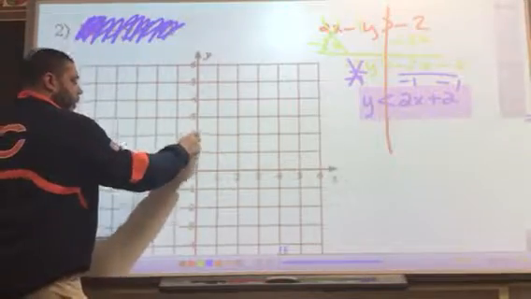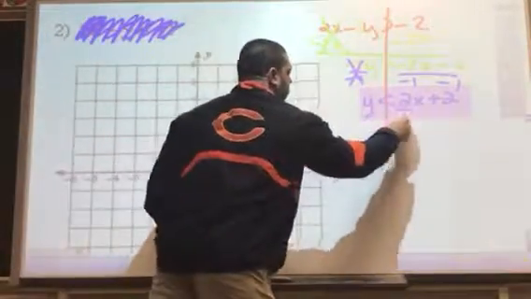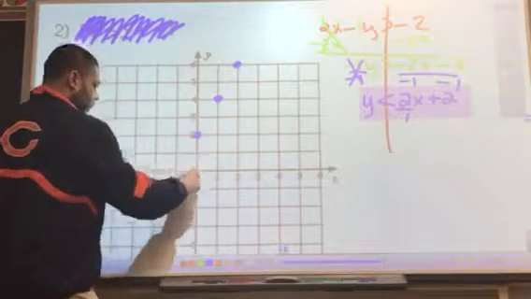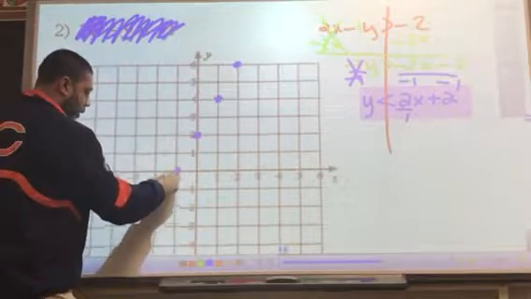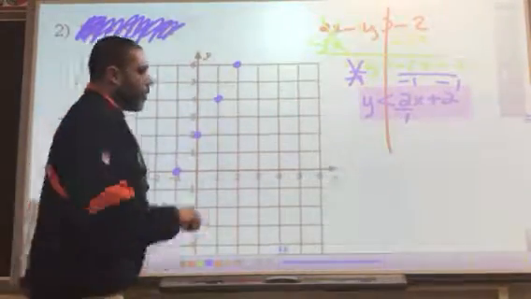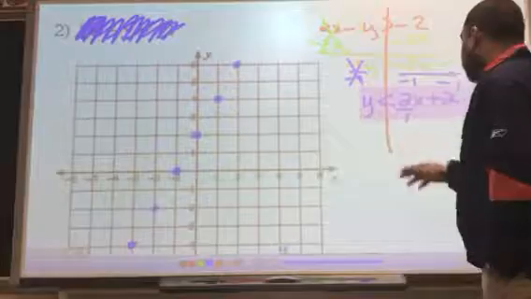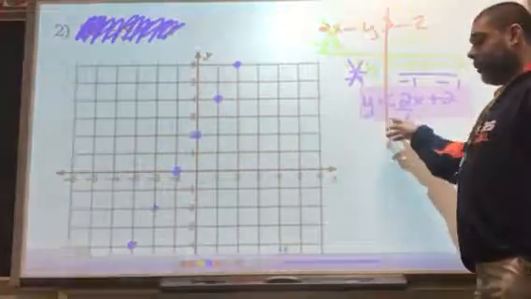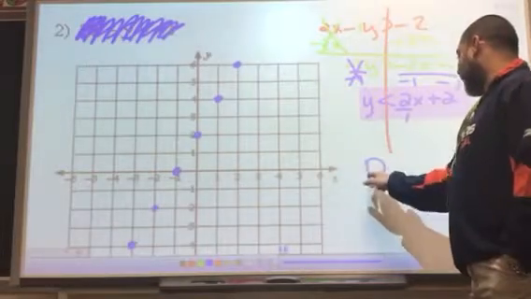Y-intercept is 2. Slope is 2. Up 2, right 1, or down 2, left 1. Now, I didn't do it, but I should have. What type of line do we need? This is missing the or equal to sign, so it should be dotted.